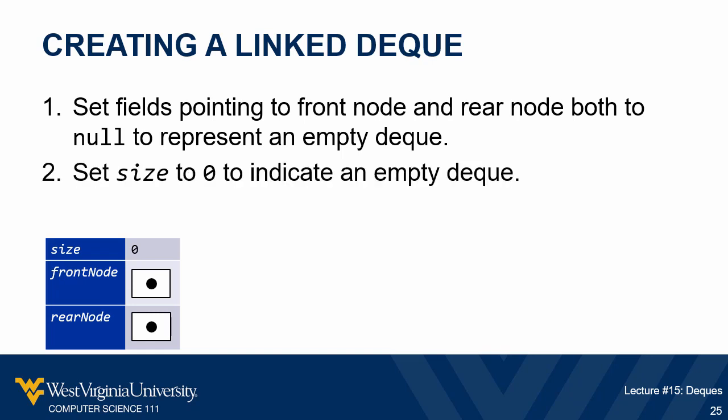We'll also want to make sure that the size field has been set to 0 since there's not currently going to be anything stored in the deck. This is actually the default value for a primitive int, but we'll make sure that we have a constructor that sets it explicitly, just for clarity's sake.